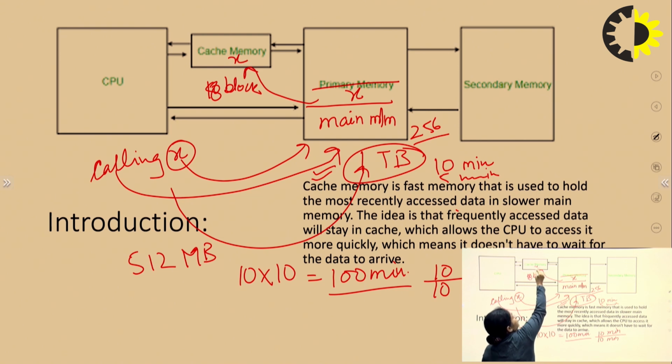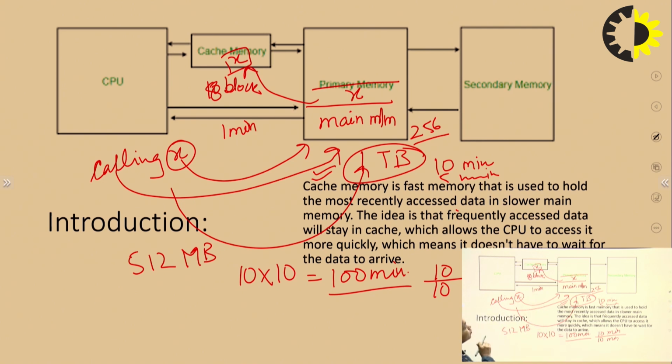Now X is placed here. If the CPU is searching for X among 256 blocks, obviously it will take more time, because there are 256 blocks where X can reside. But in the cache memory there are only 8 blocks, so it will take less time. I can say 1 minute.